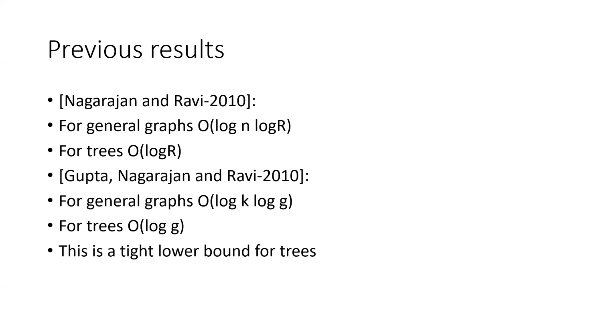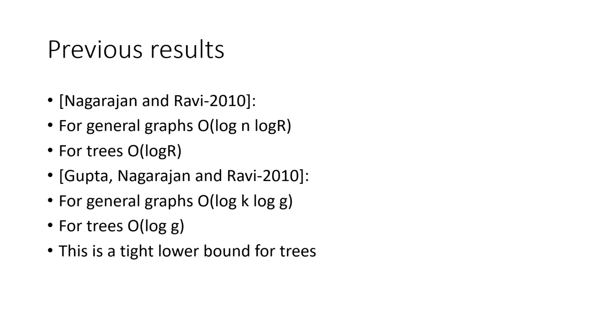For general graphs, they embedded the graph into a tree and solved it on the tree, and when they embedded the graph, they lost another factor of log n, where n is the number of vertices in G. In the next paper they published with Gupta, they managed to improve the result for trees to log g, where g is the number of sets.